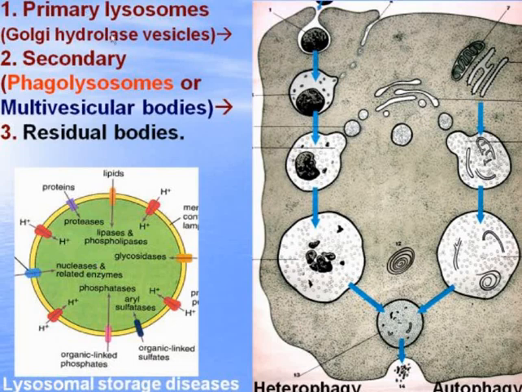There are 3 types of lysosomes. Primary lysosomes, or Golgi hydrolase vesicles, separate from Golgi and contain inactive enzymes. And when pH decreases, they become active. It is the process of phagocytosis.